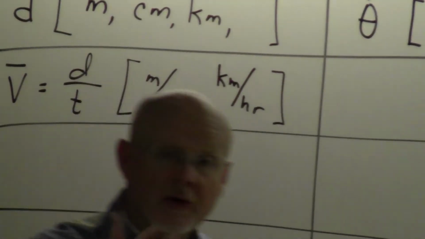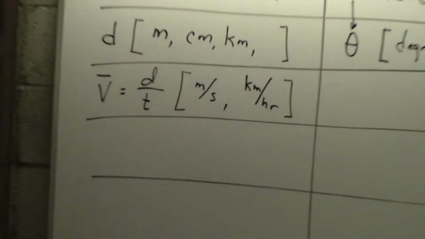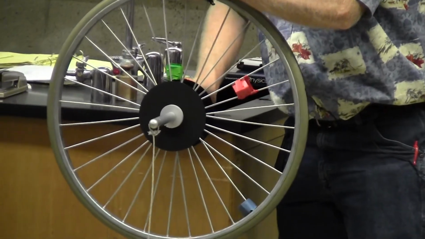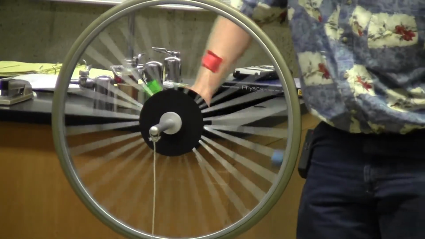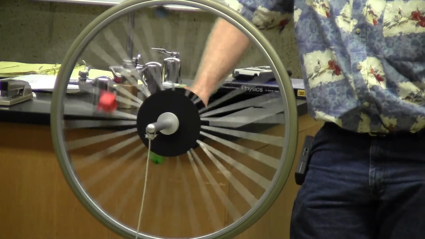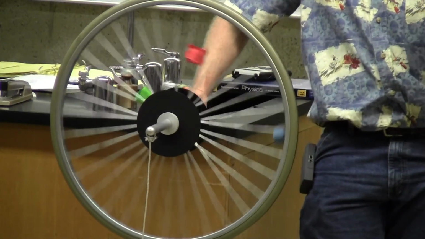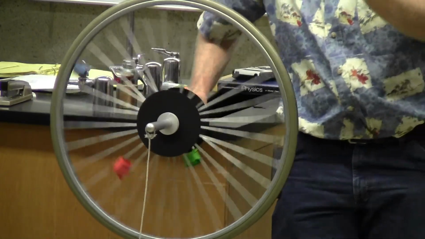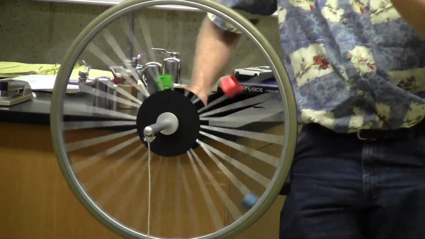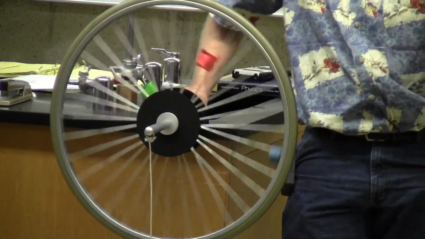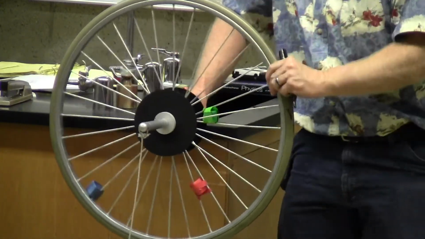Well, we can do the same thing when it comes to an object rotating. Let me come back to this wheel. Let me come back to this blue little square here. If this thing is spinning, I could ask this question. Not its translational speed, but what is its rotational, or sometimes called angular speed?